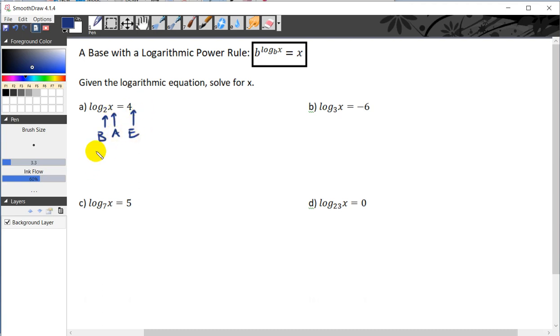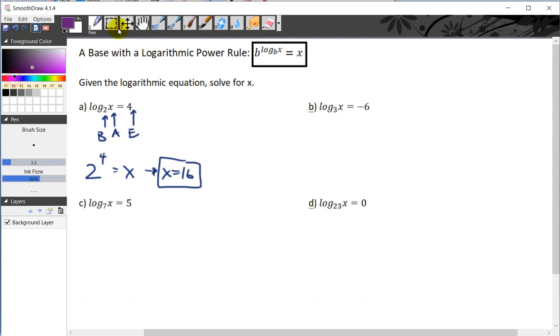This is our base, our exponent is 4, then we write our answer here. So 2 raised to the 4th power equals x. We know that 2 raised to the 4th power is 16. So x is equal to 16.